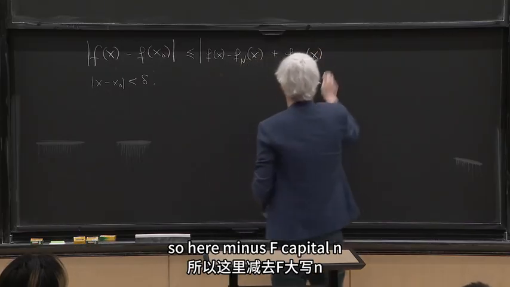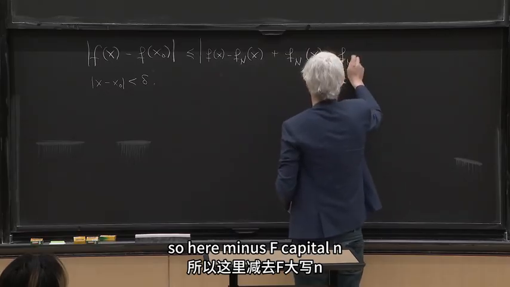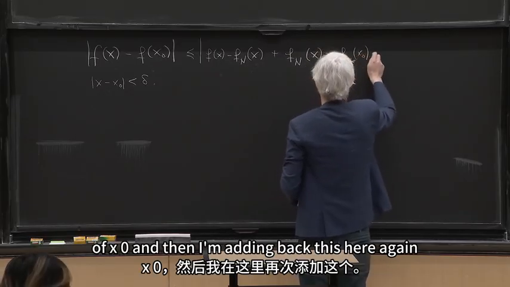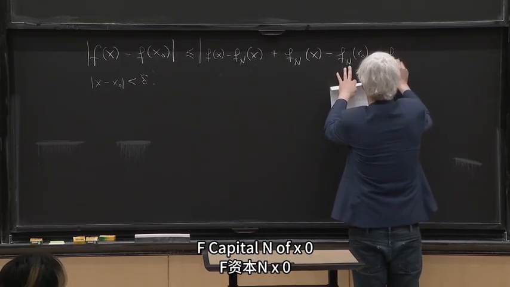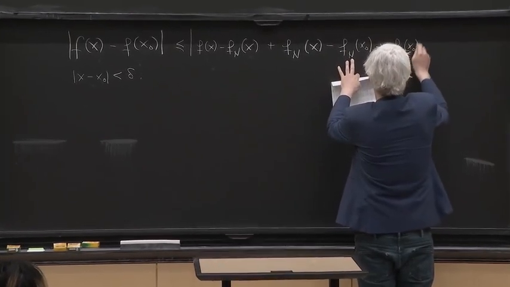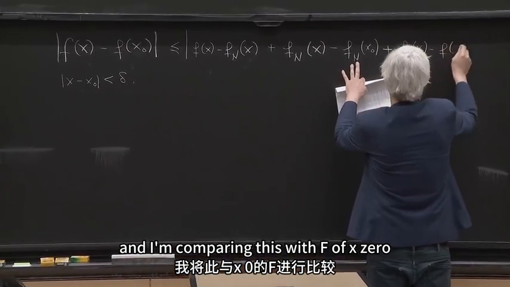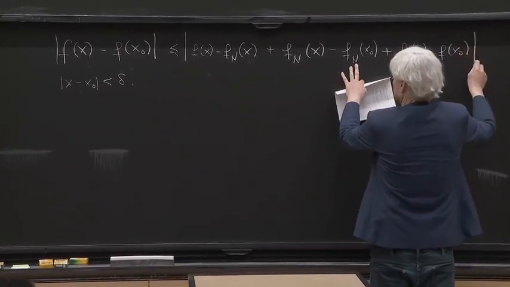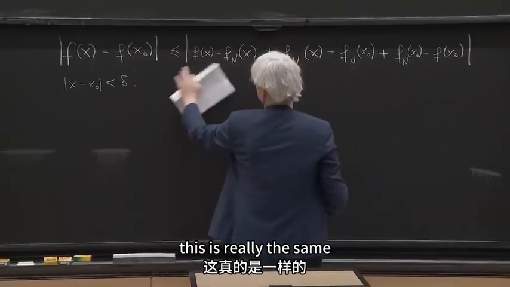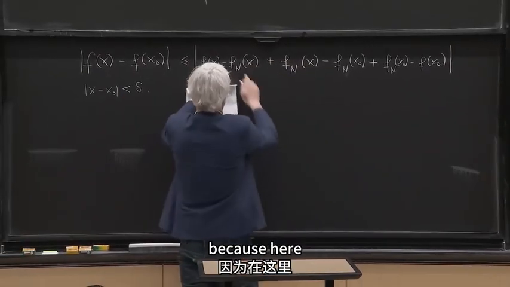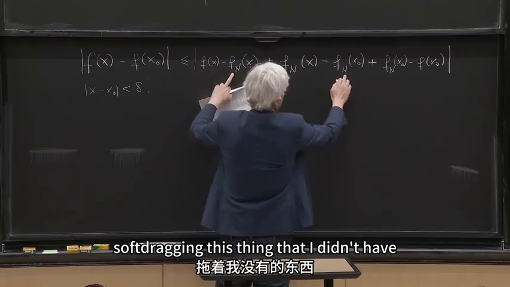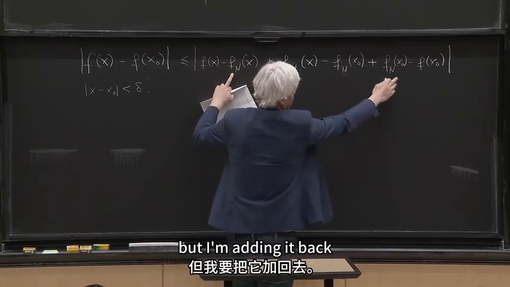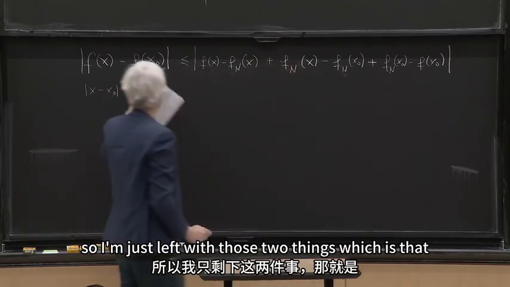So here, minus f capital N of x0, and then I'm adding back f capital N of x0, and I'm comparing this with f of x0. You see that this is really the same, because I'm subtracting this thing that I didn't have, but I'm adding it back. So I'm just left with those two things.